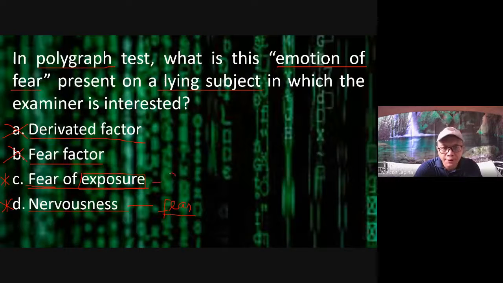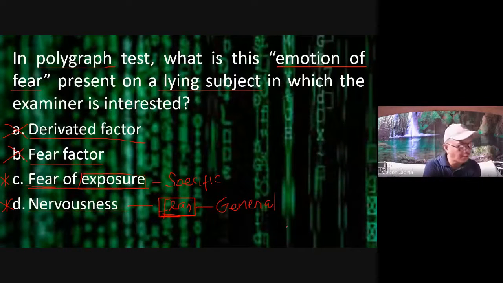So, therefore, this is a specific type of fear. Dito naman, nervousness, fear lang ang sinabi. That is a fear. Pero sinabi ba dito specifically kung anong klaseng fear? No. Therefore, this particular choice is general. Okay. So, nakita natin ang clue doon sa choice mismo.